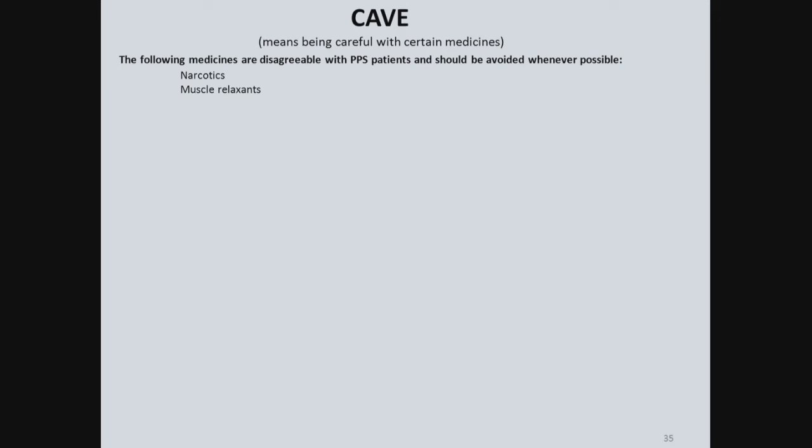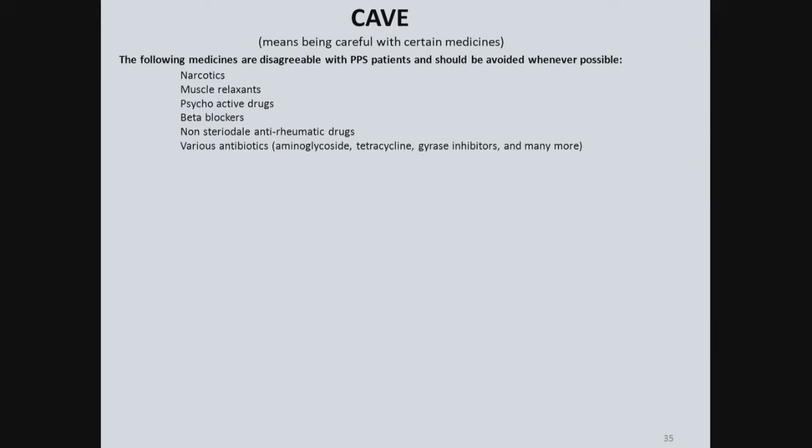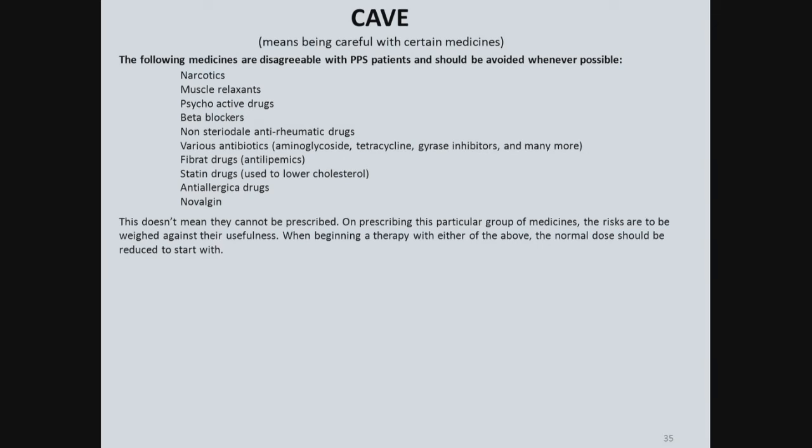Narcotics, muscle relaxants, psychoactive drugs, beta blockers, non-steroidal anti-rheumatic drugs, various antibiotics, aminoglycoside, tetracycline, gyrase inhibitors, and many more, fibrate drugs, antilipemics, statin drugs used to lower cholesterol, anti-allergic drugs, Novalgin. This doesn't mean they cannot be prescribed.